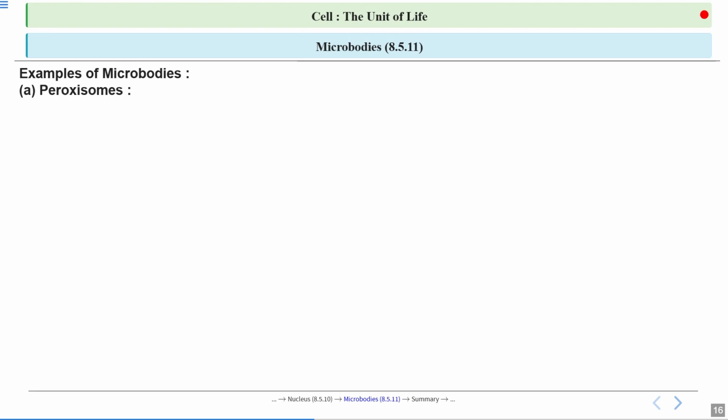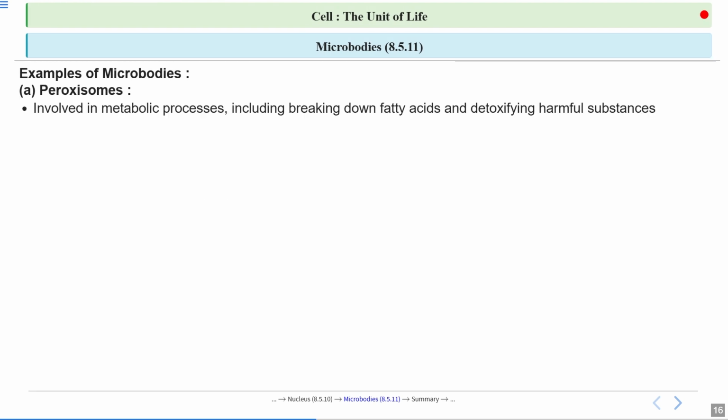Examples of microbodies: first is peroxisomes. These peroxisomes are involved in metabolic processes including breaking down fatty acids and detoxifying harmful substances. These peroxisomes contain enzymes that produce and degrade hydrogen peroxide as well.